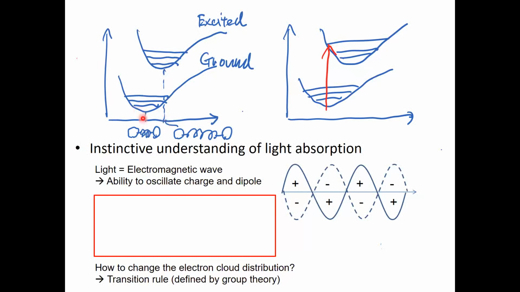And centered at the equilibrium position, the molecule can oscillate if some extra energy is given to it. That is a vibrational oscillation. And what the Franck-Condon principle says is that the distance change cannot happen during the light absorption, meaning the electronic transition, because the electronic transition is very fast.